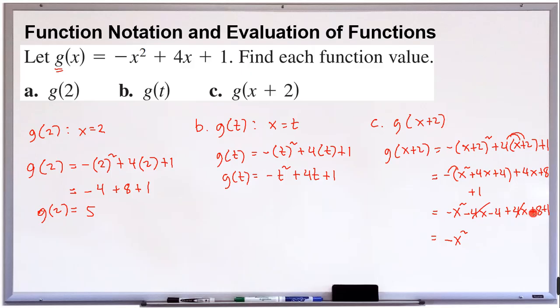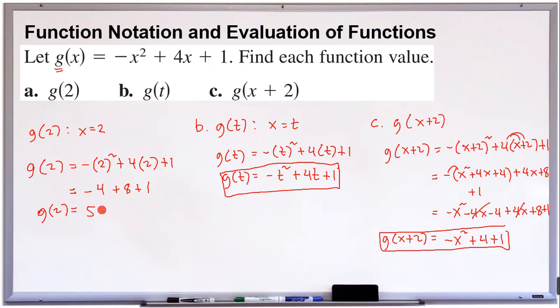Then we have negative 4 plus 8, that's positive 4. So we have negative x squared plus 4 plus 1. So this is our g of x plus 2. So this is how you are going to evaluate a given function with known input or independent values.